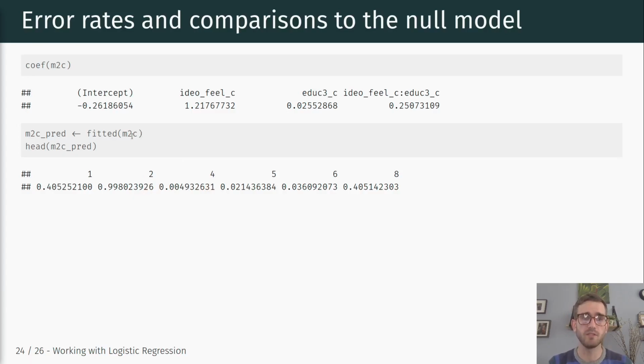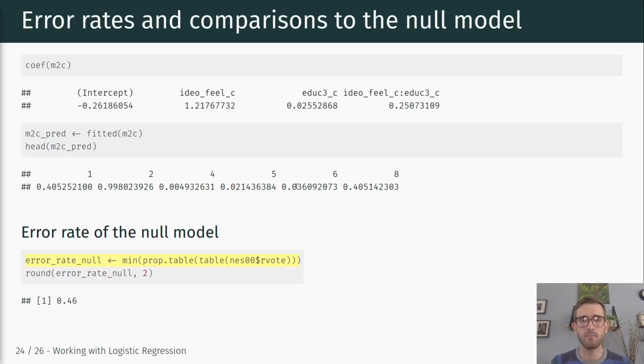We can do this using the fitted command, which is basically equivalent to the predict command that I showed you in one of the previous videos, with the additional argument type equals response. So this gives you the predicted probabilities based on the model for each of the individual observations that are included in the sample that we used to estimate our logistic regression.